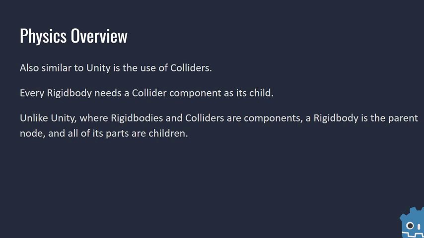If you were to make a rigid body player, you would have the rigid body be the root, and under it, you would have any number of collider nodes that would make up the collider on it. They each have their own independent position. You can scale them and have their own shapes. They're all independent nodes. They just basically make up the collision area of their parent body.